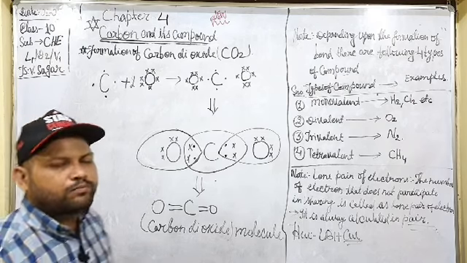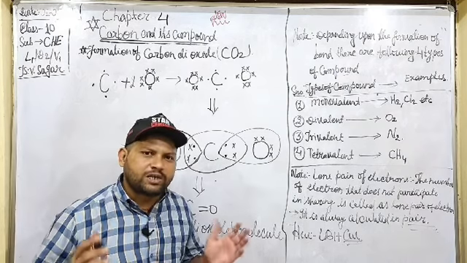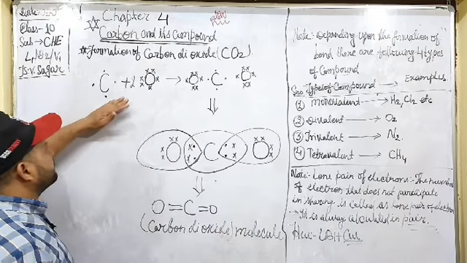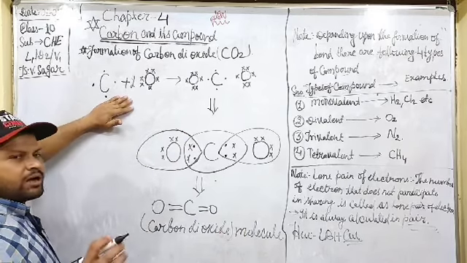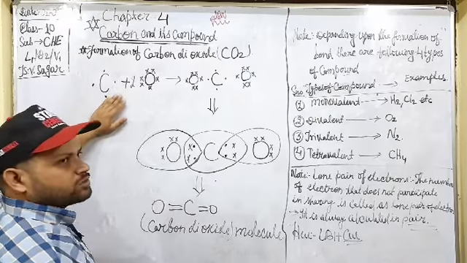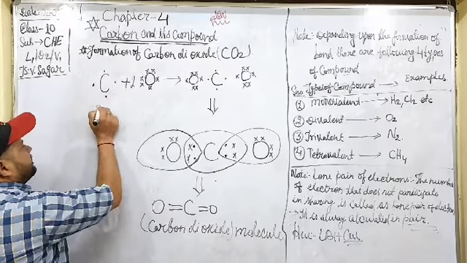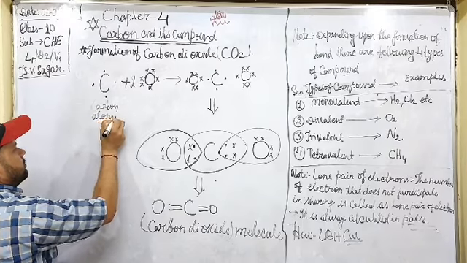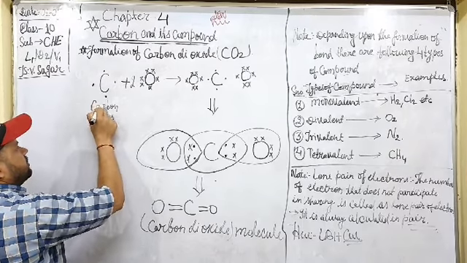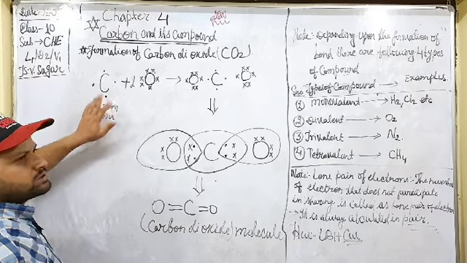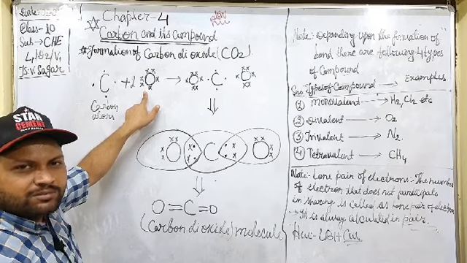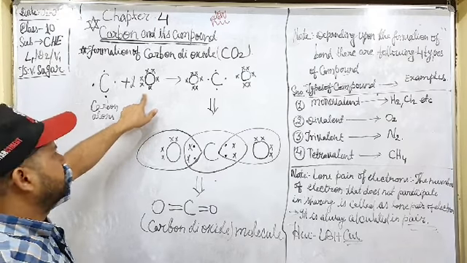Now look at the formation of the carbon dioxide molecule. How does it take place? Here I have written the atom of carbon. Carbon has 4 electrons denoted by dots, and here 2 atoms of oxygen are taken.